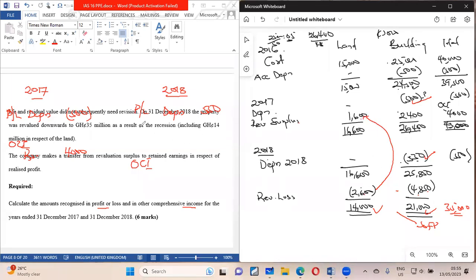What we will do is that the revaluation loss in the P&L will be the remaining 1,000. Then the 1,006, which is the gain that was there before, we have to go and match it off. So the revaluation loss will be 1,006 to go and match it off the previous gain.